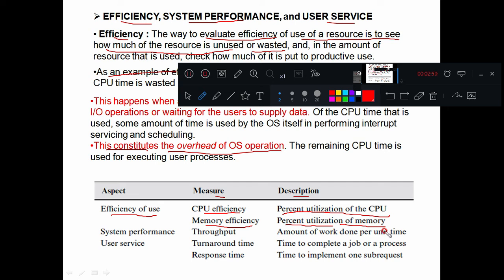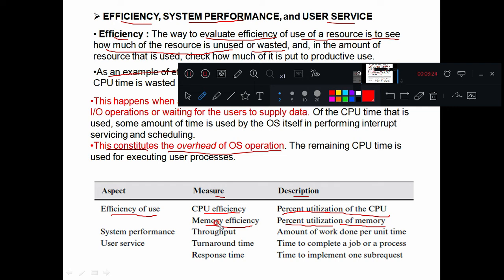I cannot say memory and CPUs are utilized 100%, or efficiency of anything. You take anything in nature, it might be a human being, it might be an electronic device, or any kind of software. We cannot say efficiency of those things is equal to 100% always, because some of the CPU time is wasted when the user is performing IO operations, and some amount of memory is also wasted. Let us say the user requires 1 MB of memory.